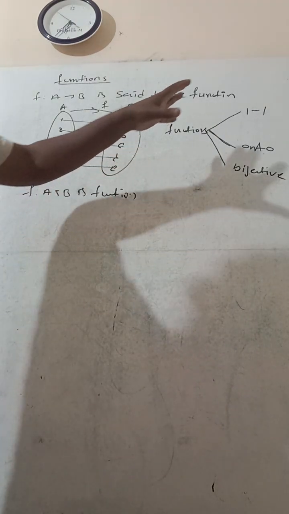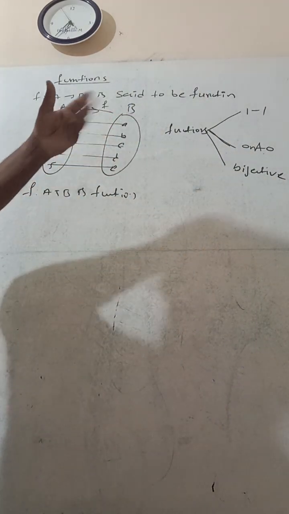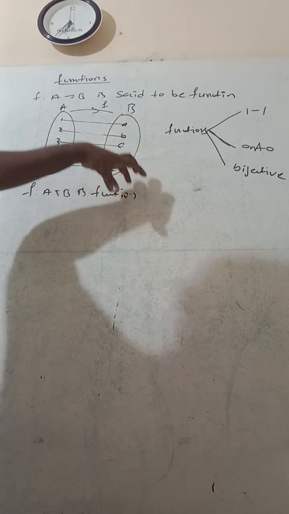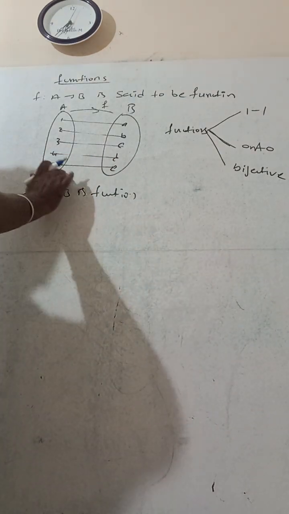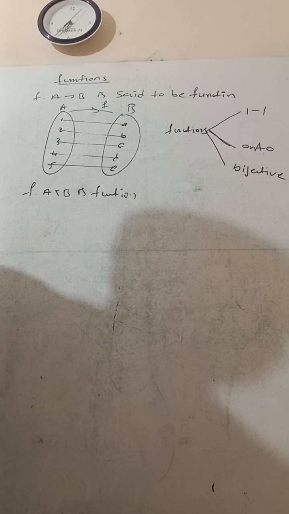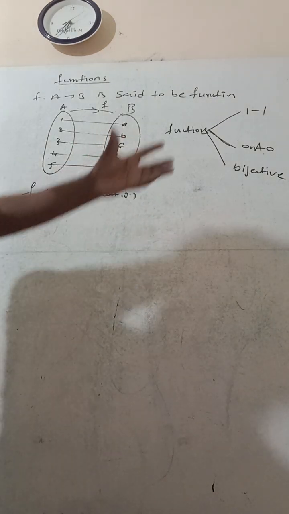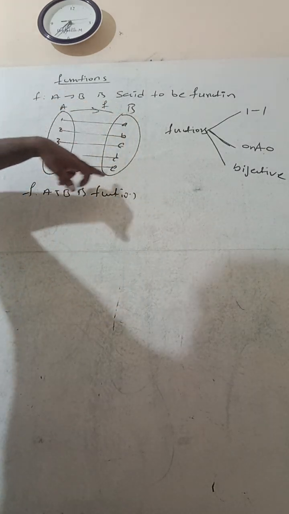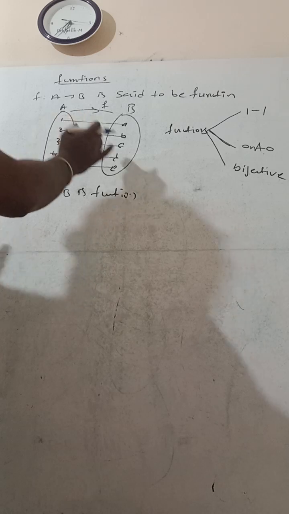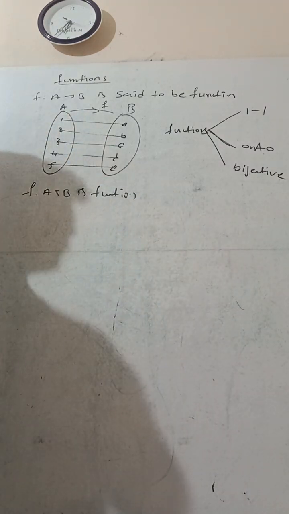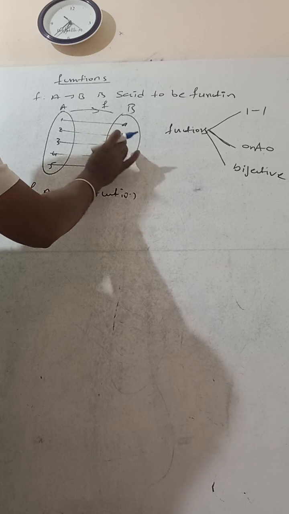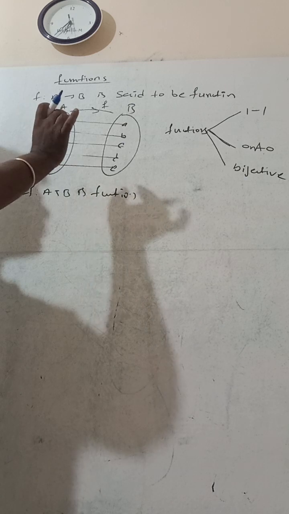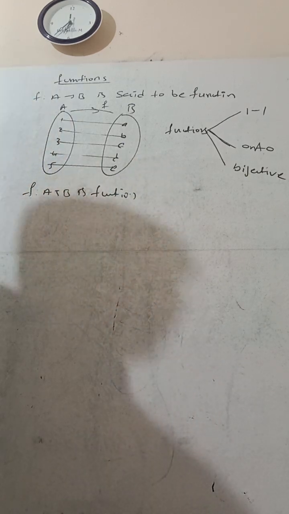When can you say that a function is one-one? If every element of A is associated with a unique element of B, then this function is known as a one-one function. Next, onto: if every element of B has a pre-image in A, then the given function is said to be onto.